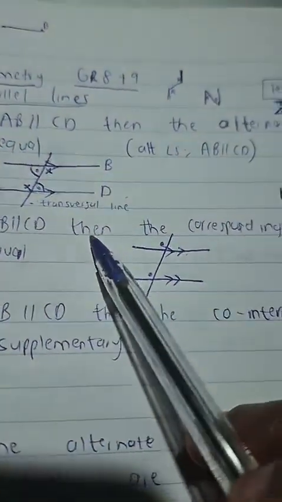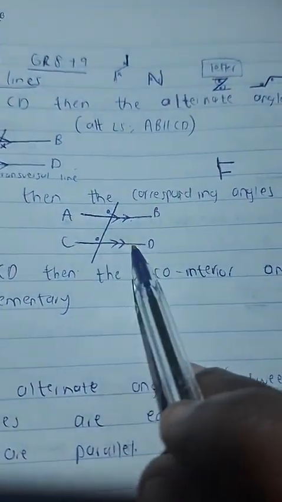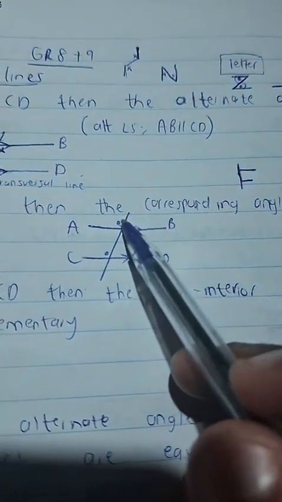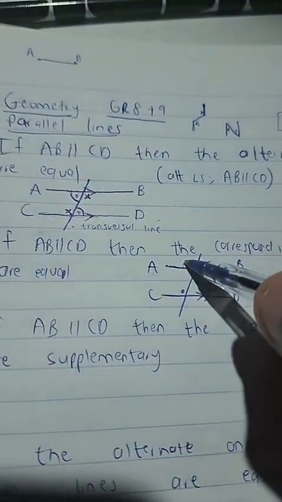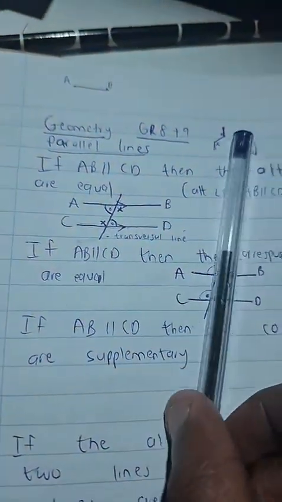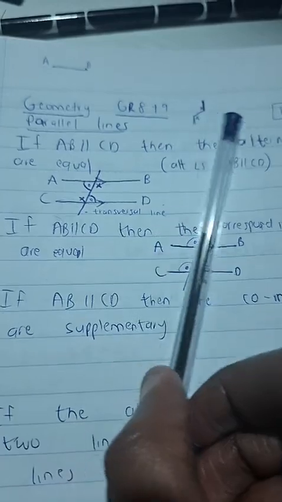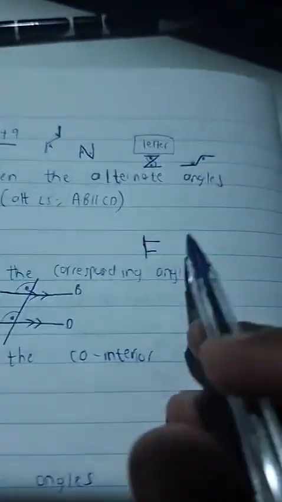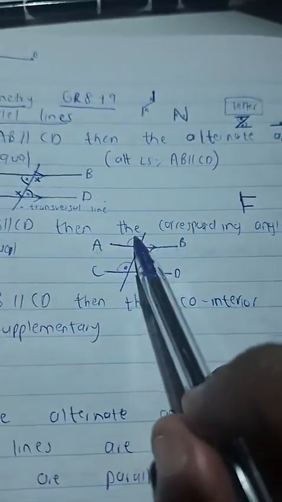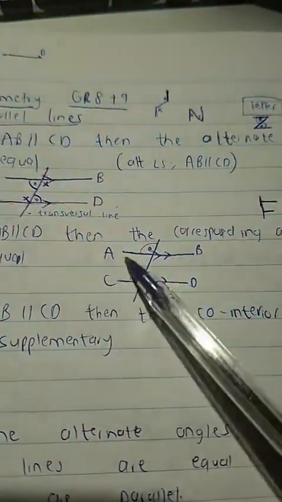And if AB is parallel to CD, as you see AB and CD are parallel, then it would mean that the corresponding angles on top, on the same side of the line, must be on the same side of the line when it comes to corresponding angles, because if they are not on the same side of the transversal line, then we cannot say corresponding.